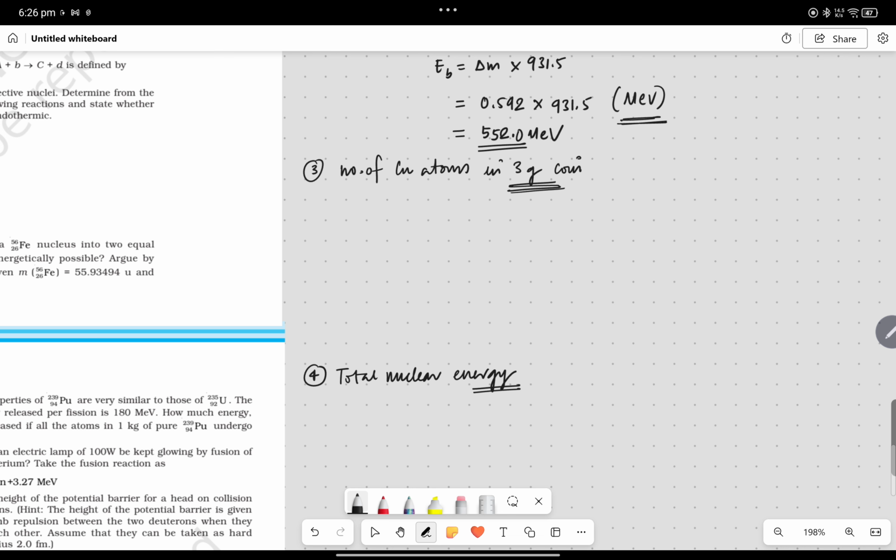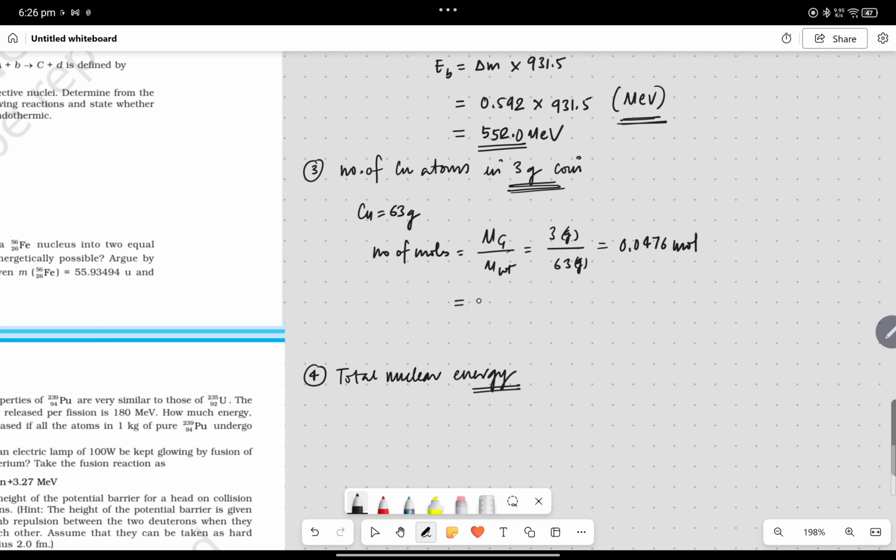So now you have to calculate how many Cu atoms are present in 3 gram of coin. So you have to use the molecular weight. The molecular weight of Cu is 63 gram, and for the number of moles, moles is equal to given mass divided by molecular weight. Given mass is 3 gram and molecular weight is 63 gram, and that will give you the number of moles, 0.0476 moles, right?